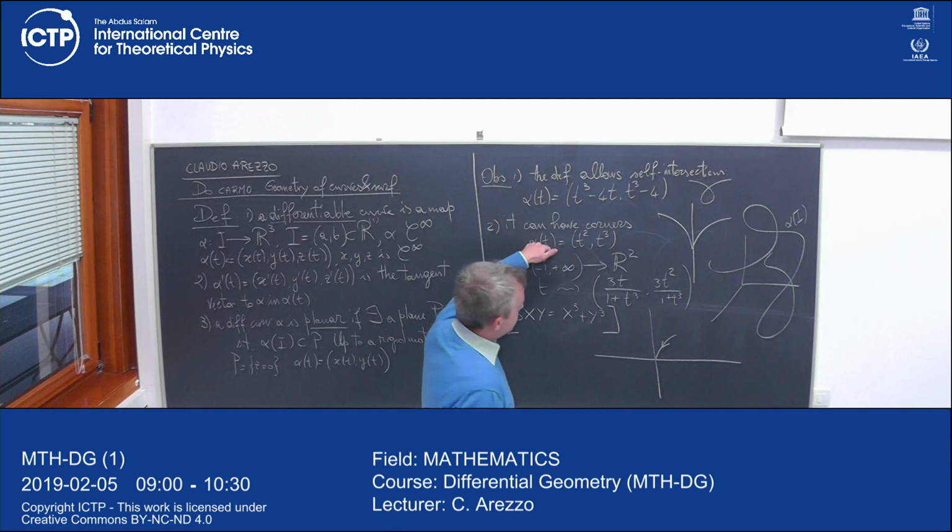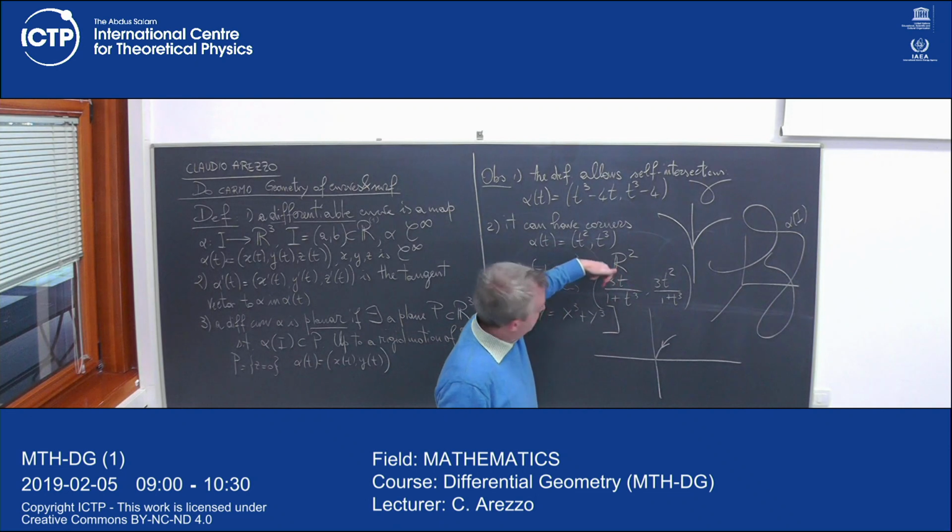For t going to -1, what is happening? For t going to -1 from the right, this denominator goes to 0, so 1 over it blows up from the positive side. And the numerator goes to -3.